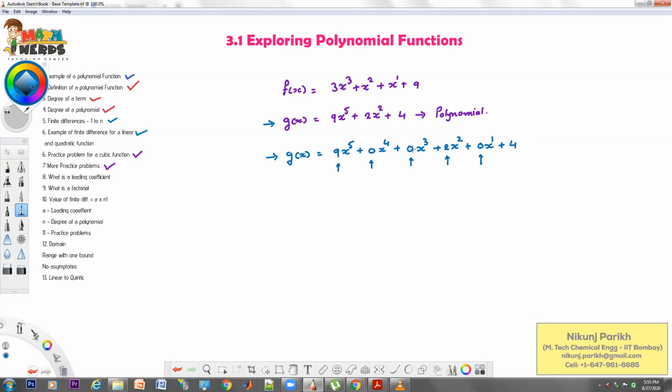Now comes the next topic, the leading coefficient. Each of the terms in the polynomial has two parts. One is a constant part and the other is a variable part. The constant part is called the coefficient of the term.